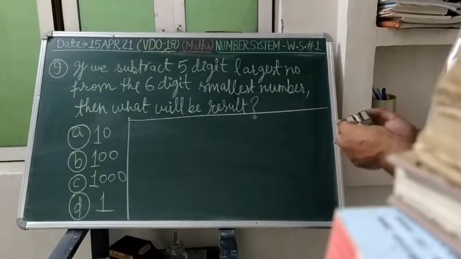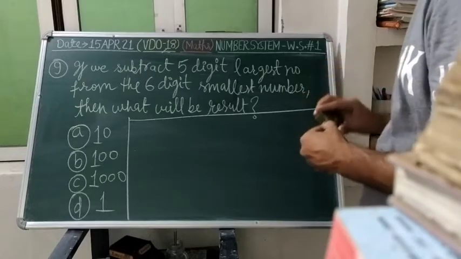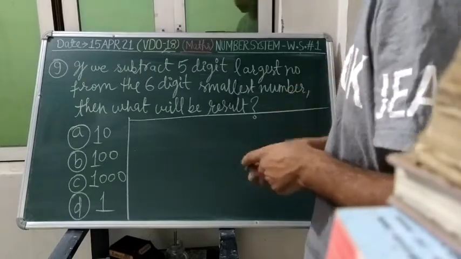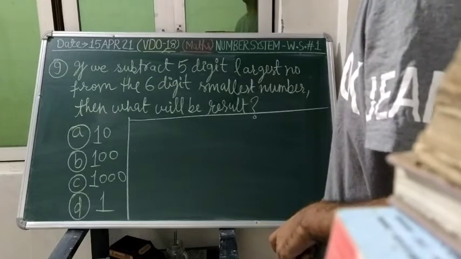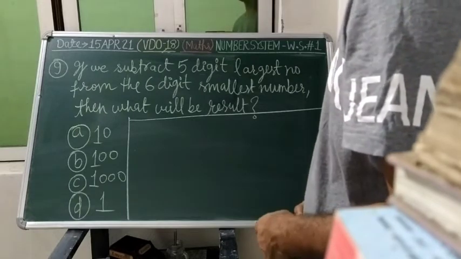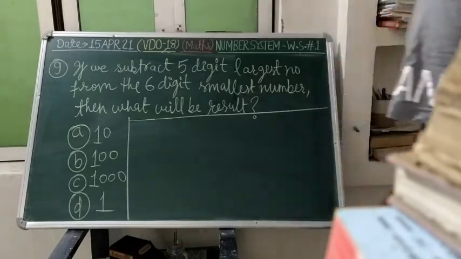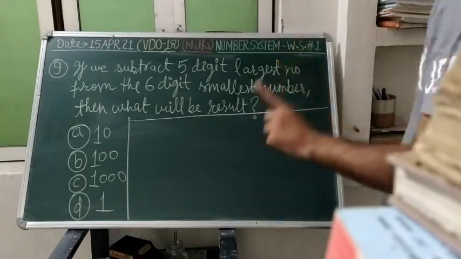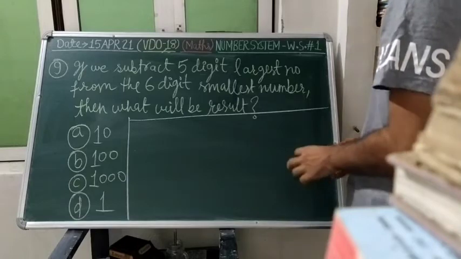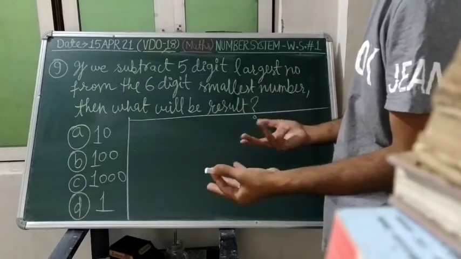Write down the ninth problem. If we subtract the 5 digit largest number from the 6 digit smallest number. Please keep in your mind what we are subtracting and from which.